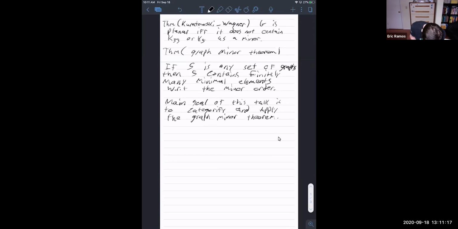So let me just say a definition. The graph minor category, fancy G, is that whose objects are graphs and whose morphisms are what we call minor morphisms.